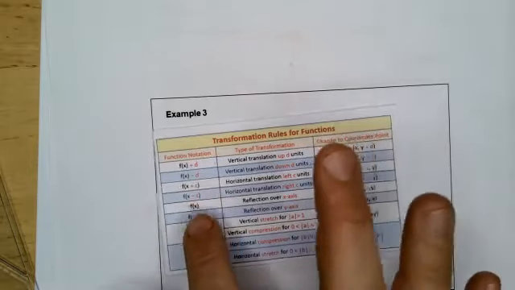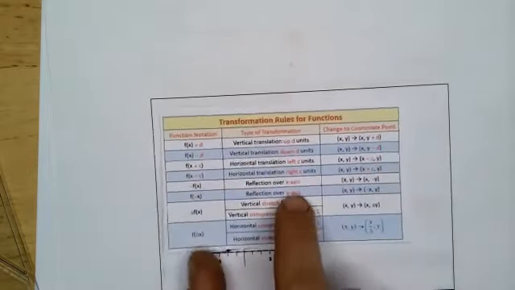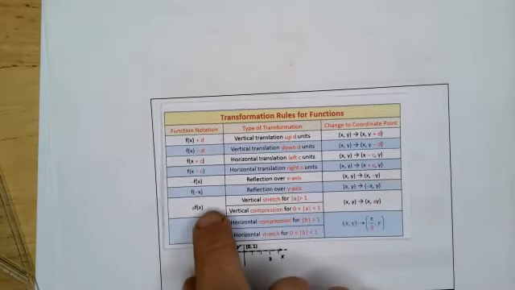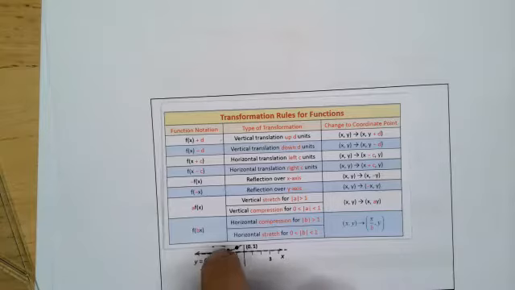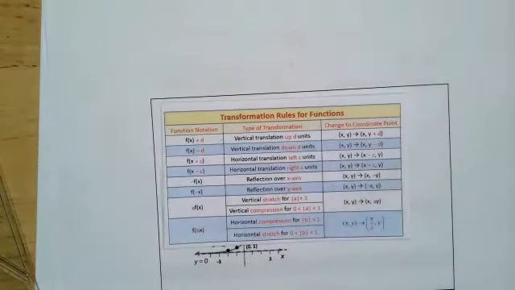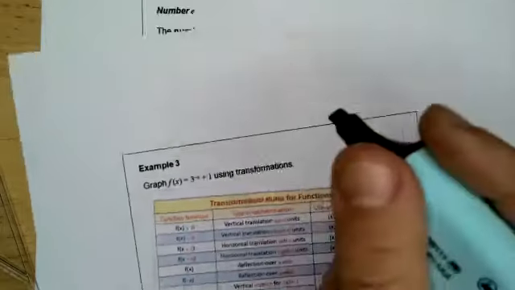If we make everything negative, we're reflecting it over the x-axis. If we make just the x negative, we're reflecting it over the y-axis. If we multiply everything by a, we're stretching or compressing it. If we're multiplying x by a, we're horizontally compressing or stretching it. Good, so those are the rules. Let's see what we have in this example. Definitely have your transformation rules out to solve problems like this.